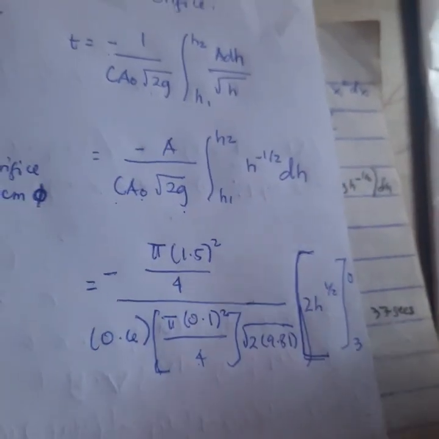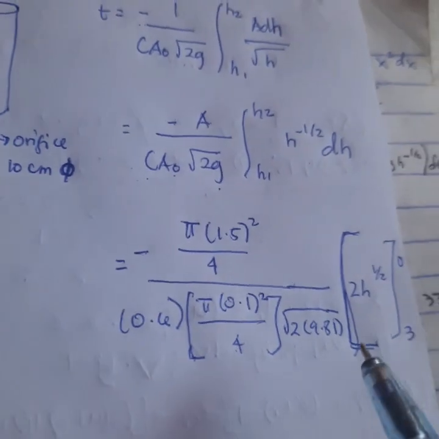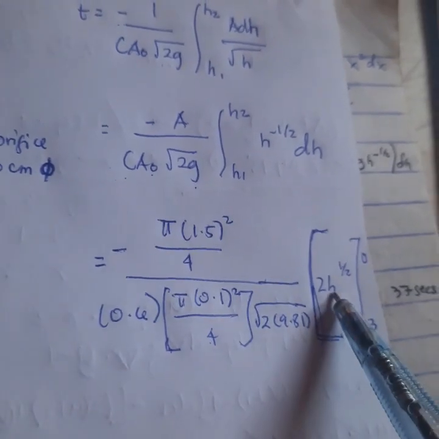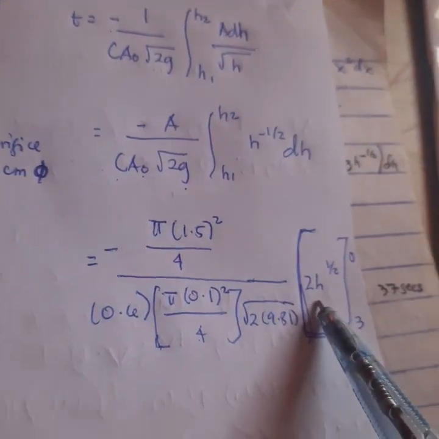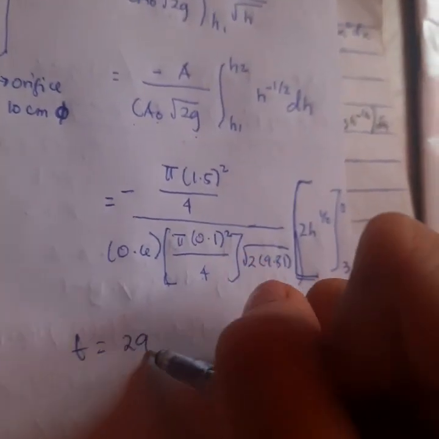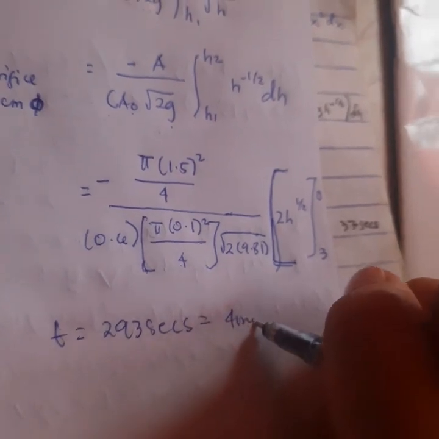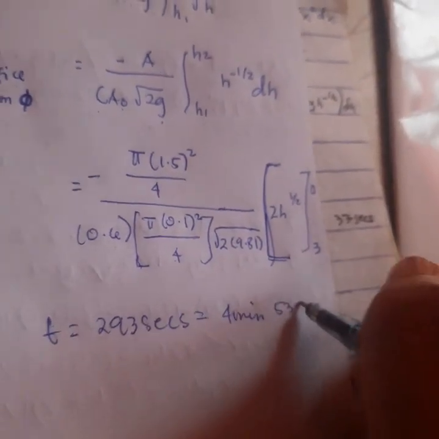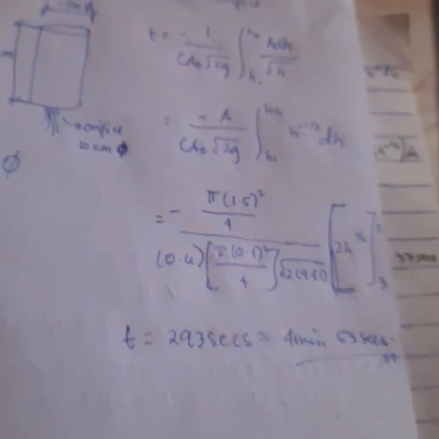Meaning, you first substitute 3 for h, and then subtract the value when h is equal to 0. If you compute that, and I hope it's correct, that is 293 seconds, or 4 minutes and 53 seconds. So, that is now your final answer.